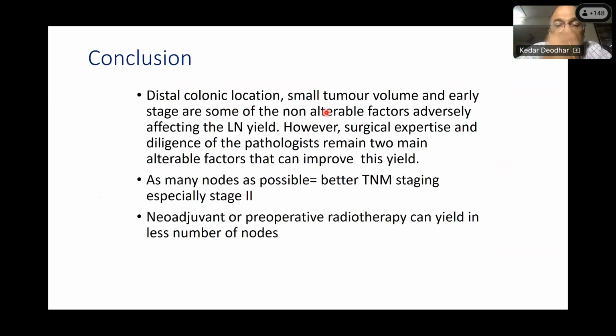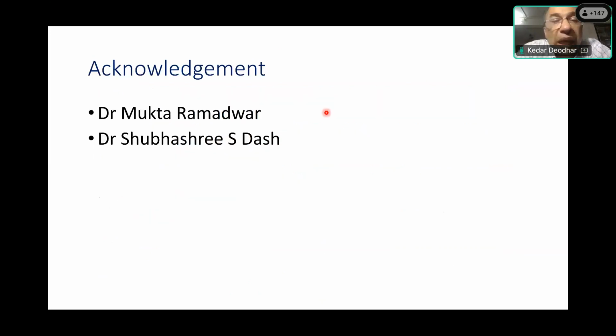So if we remember that our expertise and diligence are required, as many nodes as possible should be examined for good TNM staging. Neoadjuvant or preoperative radiation therapy can yield fewer nodes. That we have to understand, but we try to go as close to the 12 figure as possible. I think I'll stop at that.